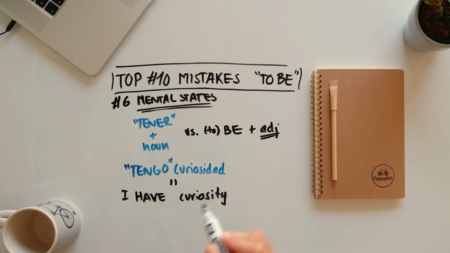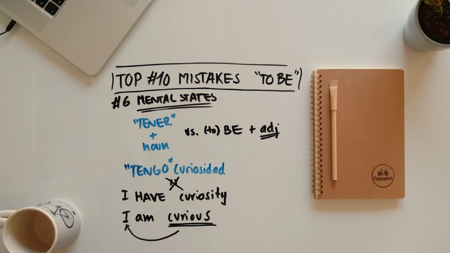But this is actually wrong because we would have to use the verb to be. We would express this saying I am or I'm curious. And as we mentioned before, this is a special kind of adjective which is actually describing the subject, not a noun, and the verb to be is acting as a linking verb.